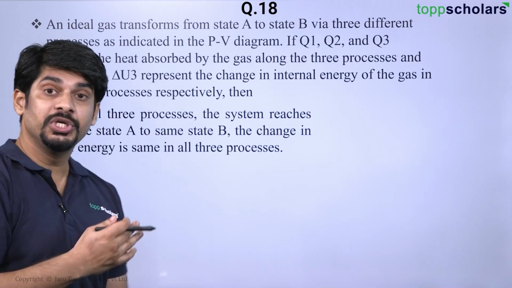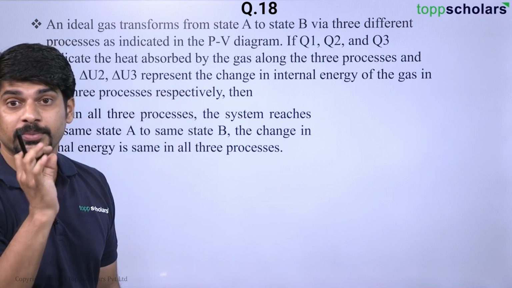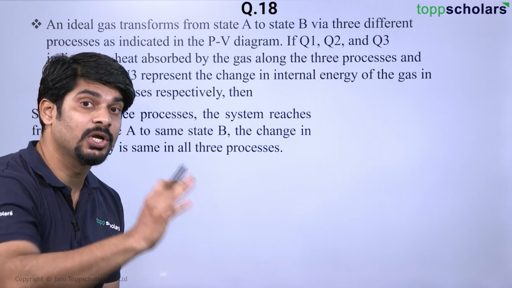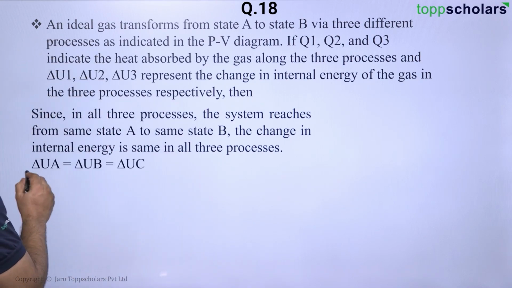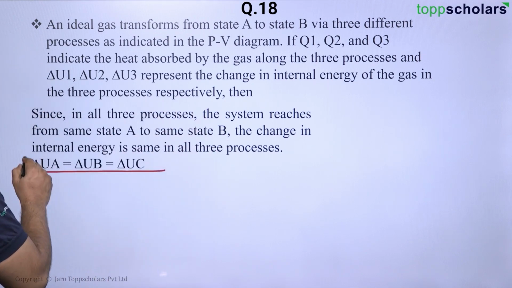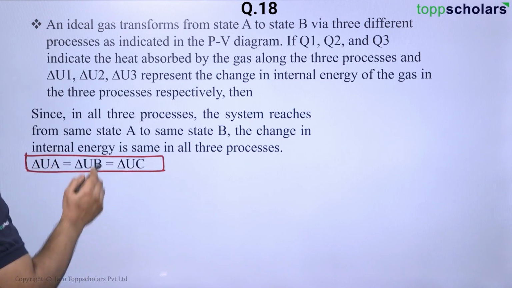So delta UA equals delta UB equals delta UC. That means in all these processes, the change is going to be the same.